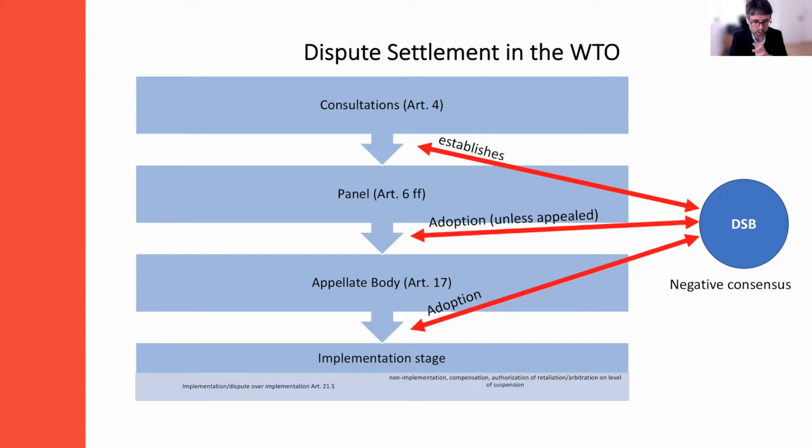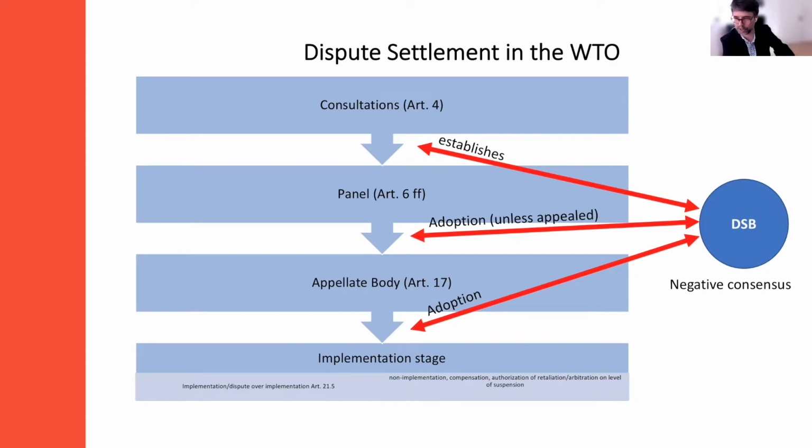When a panel, which is then 3 lawyers issuing a report on the dispute, when that report is issued, it is again the dispute settlement body that adopts the panel report. And it is also the dispute settlement body that adopts the appellate body report should you appeal.